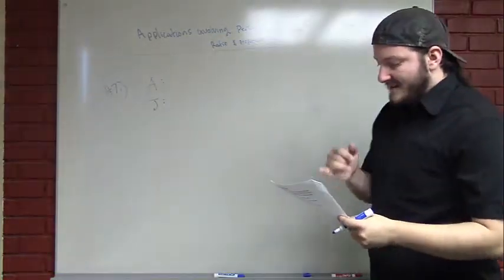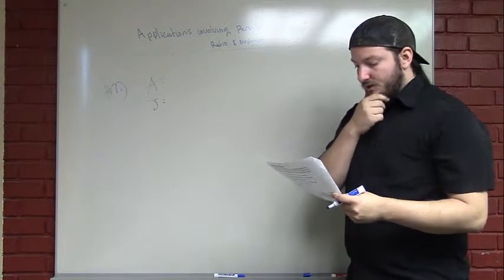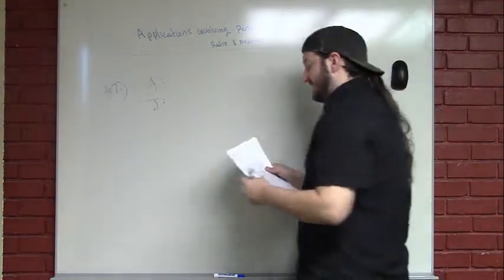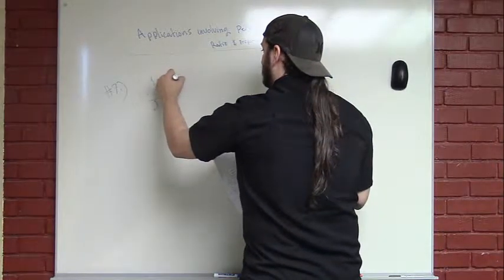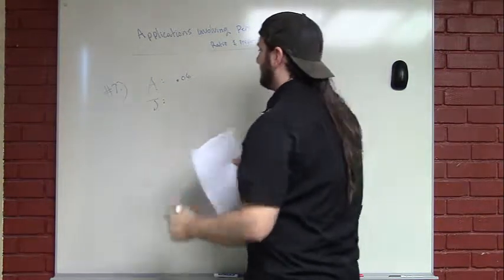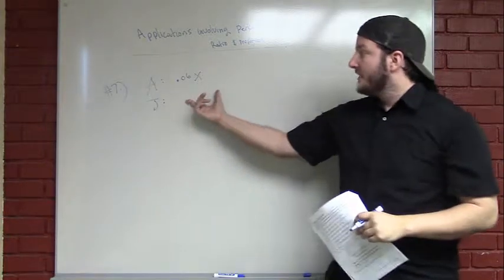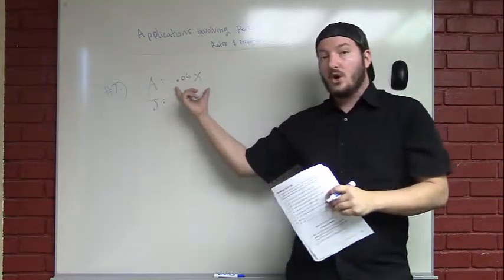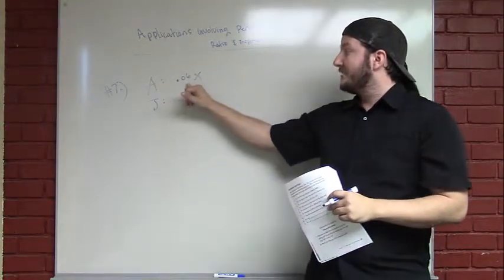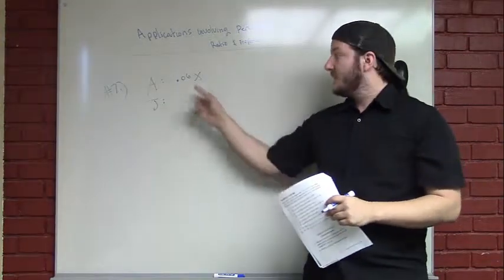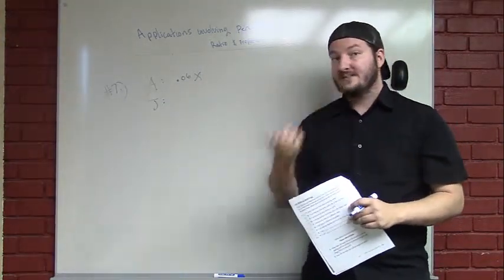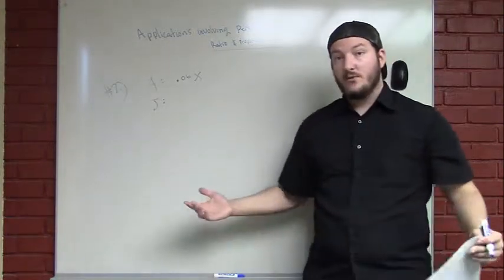Amanda's account paid 6%. So 6% is 0.06, and we don't know how much she invested. So her earnings is going to be 0.06 times whatever she invested.